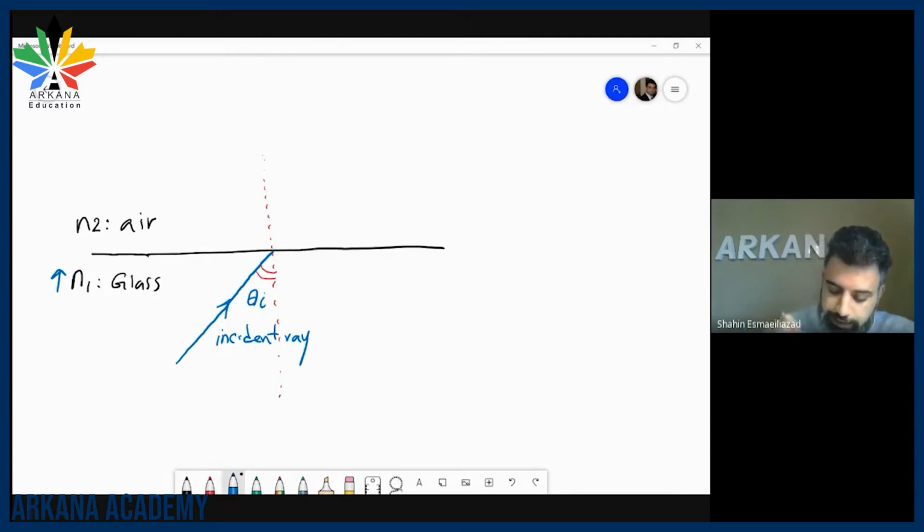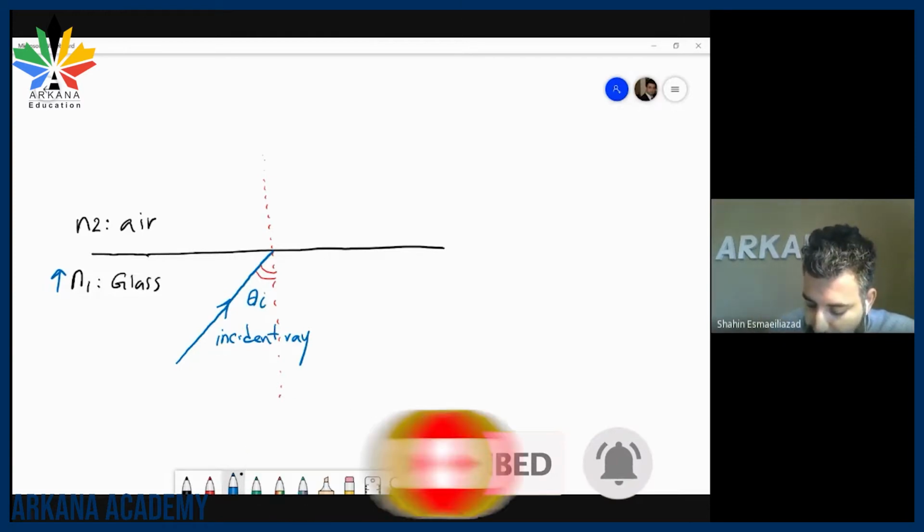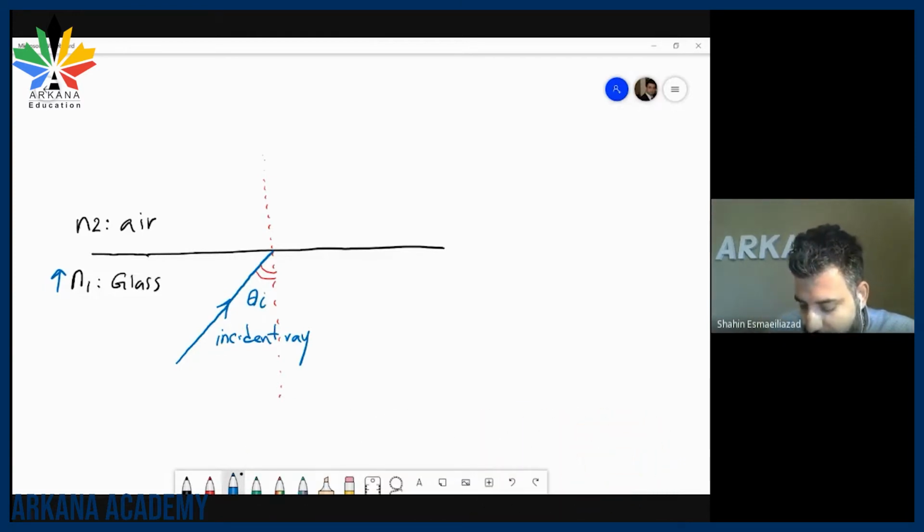So when light is traveling through a medium with higher index to a medium with lower index, for example, in this situation, the angle of incident is going to increase. I mean, the angle of refraction. So it's going to basically maybe look like this, which means the angle here is going to change.